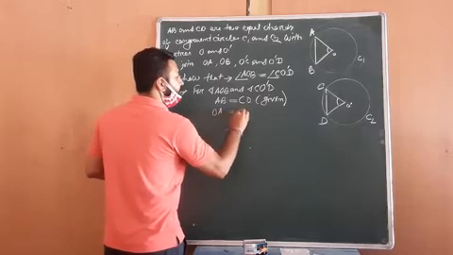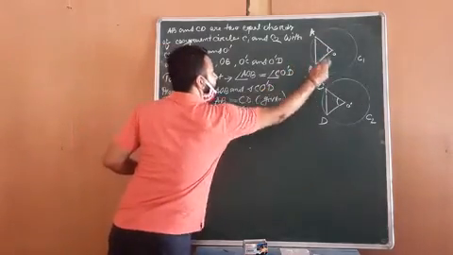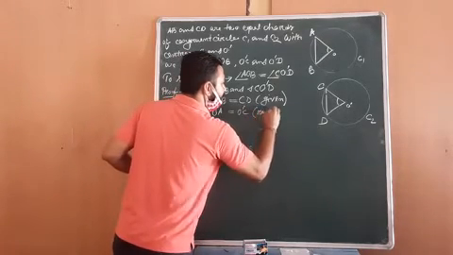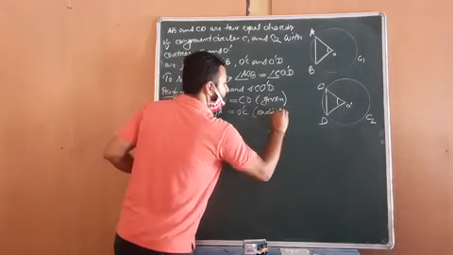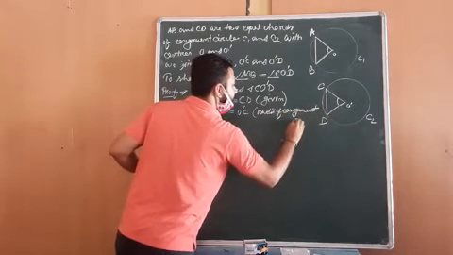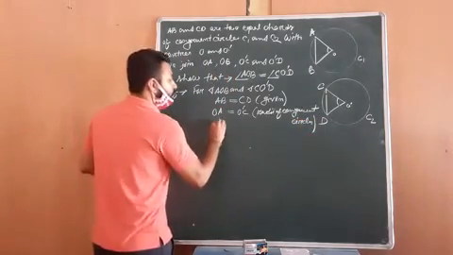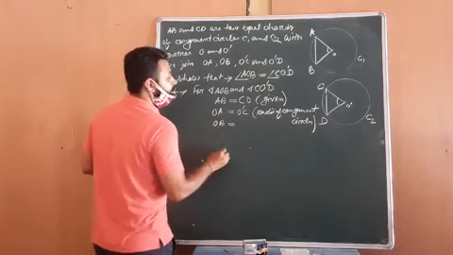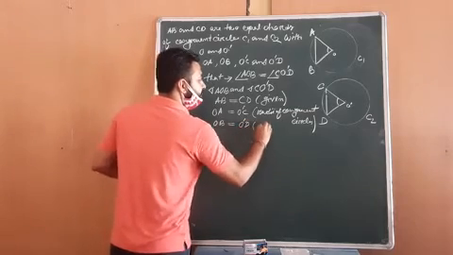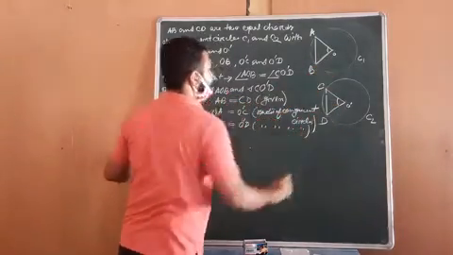OA is equal to O dash C, because these two are radii of congruent circles. OB is equal to O dash D, the reason is the same, radii of congruent circles.